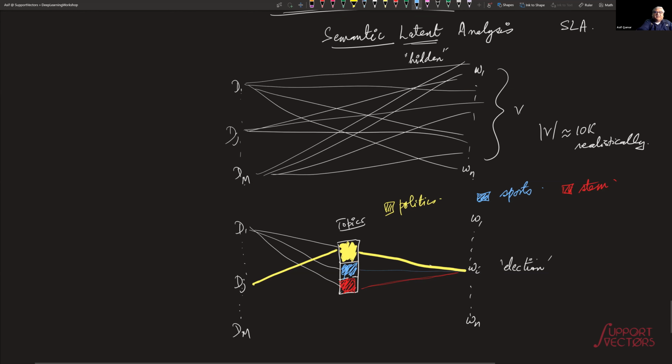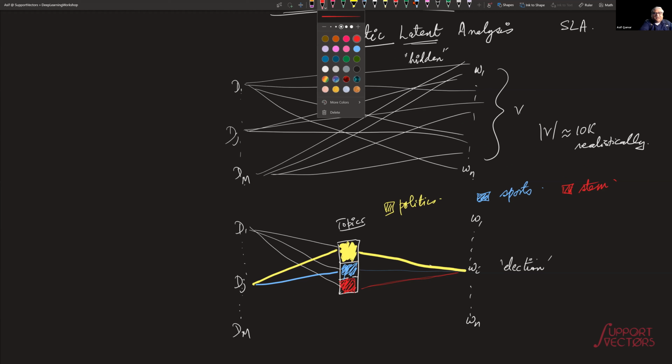Then you might suddenly find that there is a pretty significant line going from here to sports, and a very thin line going from there, for a document that is totally not about STEM fields. So it might be some relationship which is very tenuous. I hope I'm conveying the picture here, guys. So that's how it is. And some other document may be a lot about science and so forth.